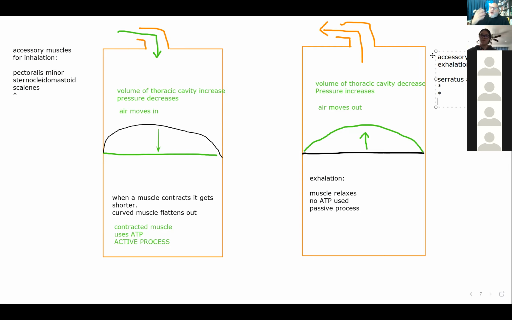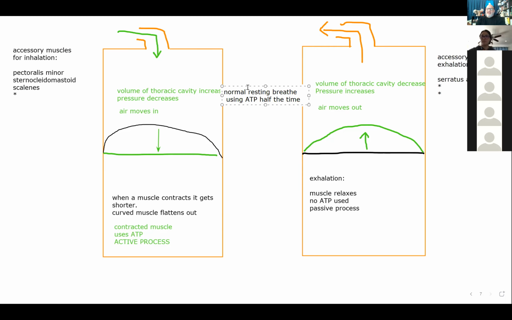But while you're sitting here calmly in class, or laying in bed, just taking that normal resting breath, that normal resting breath is primarily using the diaphragm. And notice that with that normal resting breath, you are only really using ATP half the time, just to contract the diaphragm to bring the air in.